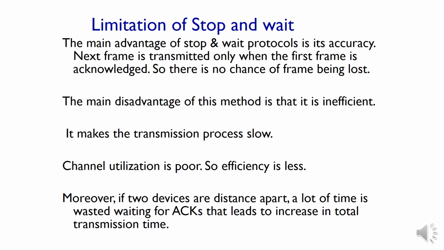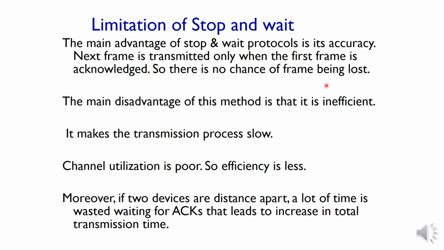This type of protocol is known as a stop and wait protocol. The main advantage of stop and wait is its accuracy, because only once the packet has safely arrived at the destination will it send the next packet. So we can guarantee the delivery of the packets.